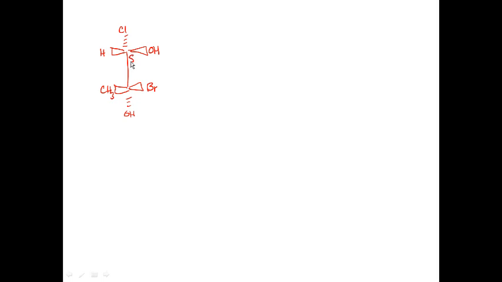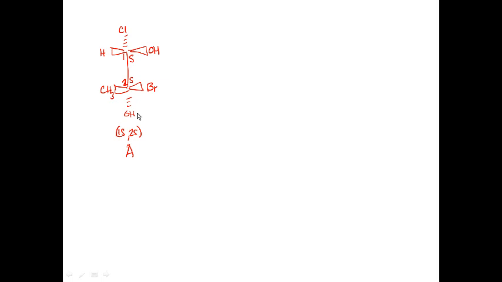Now, I just determined that those two chiral carbons have the S configuration. So, for the sake of argument, I'm going to call this structure A. How would I number this? This is carbon 1, this is carbon 2, top and bottom. So I'll call this the 1S, 2S. Okay, those are the configurations of those two chiral carbons.